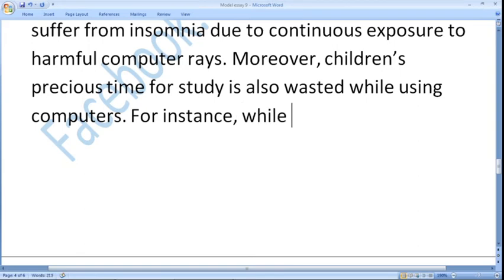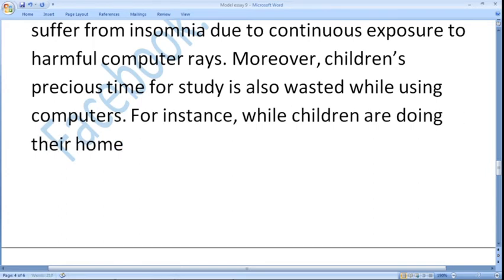For instance, while children are doing their homework on computers, they are doing their homework online, you can say online.